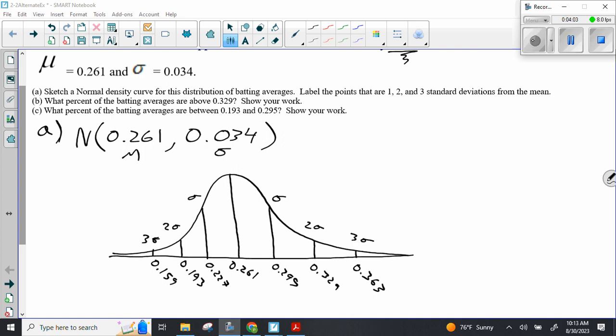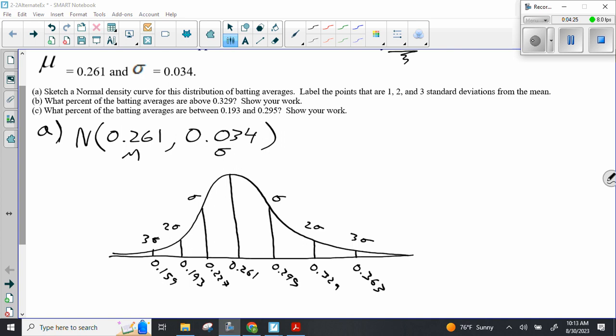Now it's time to get out that table of standard normal probabilities, aka I like to call it a Z table because it's easier to say. What percent of the batting averages were above 0.329? Actually, let's do below first, okay?